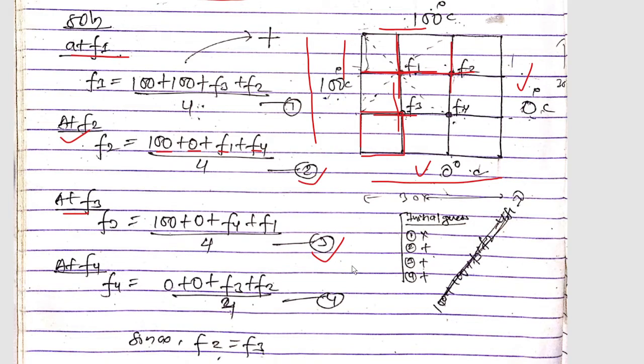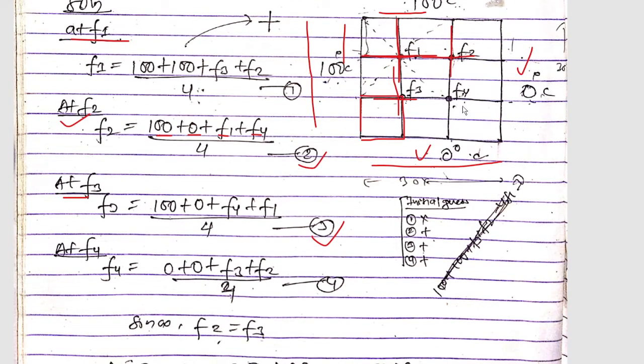Now at the inner point f4 we again use the same plus pattern. Here at f4 we have 0, again 0 degrees Celsius, and here we have f3 and here f2.